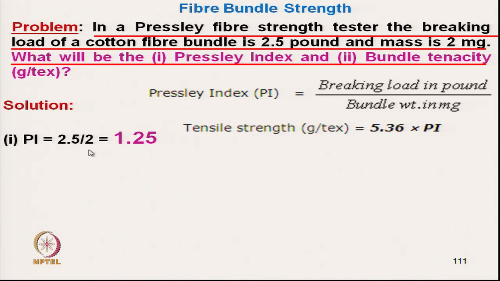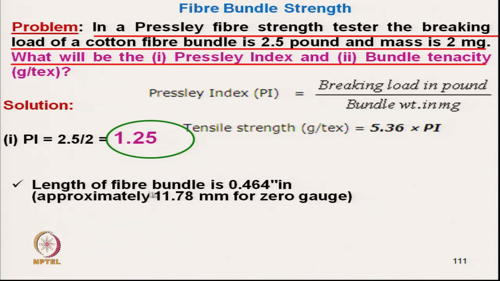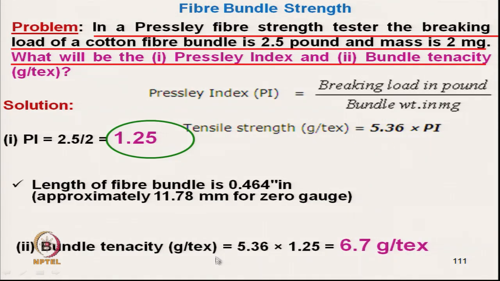So, 2.5 by 2, 1.25 is the Pressley index and the length of the fiber bundle here in Pressley for 0 gauge length is approximately 11.78 millimeter, approximately you can say 12 millimeter gauge length, and bundle tenacity in gram per tex, if we multiply it by 5.36 for 0 gauge length, it is 6.7 gram per tex of the cotton.